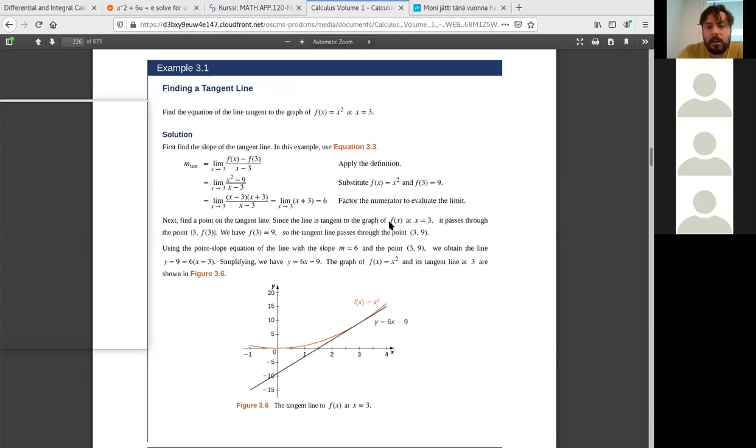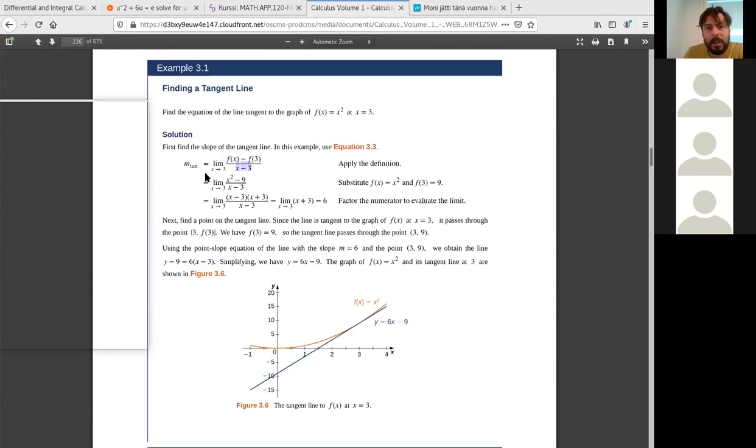So we find the tangent line at x equal 3. We let x approach 3, and x is now 3 plus h. So we have f of x minus f at 3, and this x minus 3 is now the h.